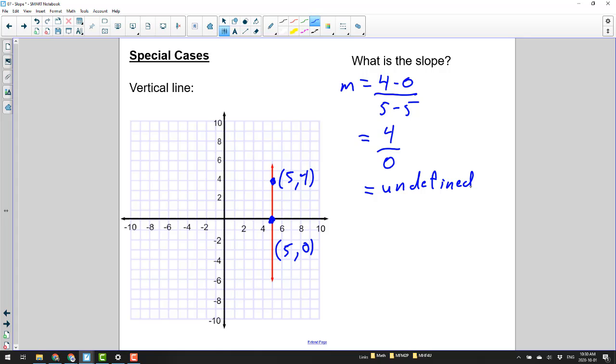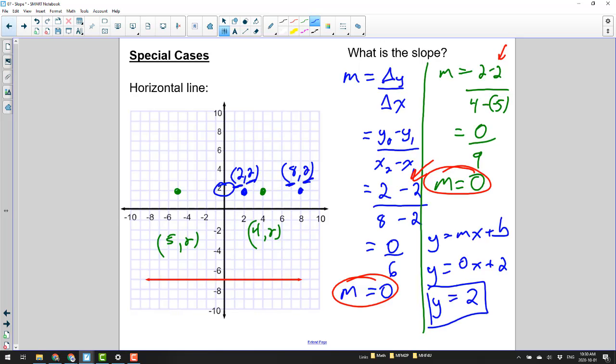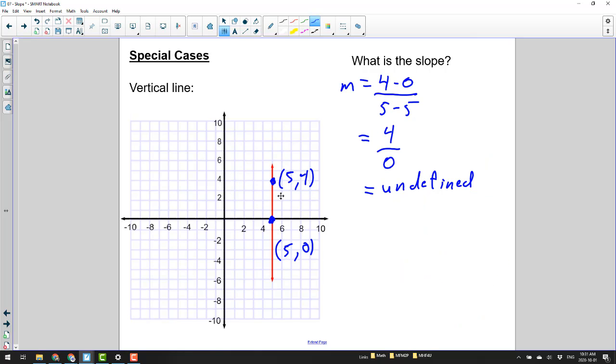But using some of the logic we talked about from a horizontal line, let's think about this. In the horizontal line, I'll move my line back up here, every y-coordinate was always 2. So we just called this line y equals 2. For a vertical line, every x-coordinate is going to be 5.